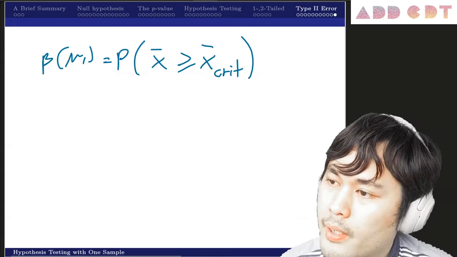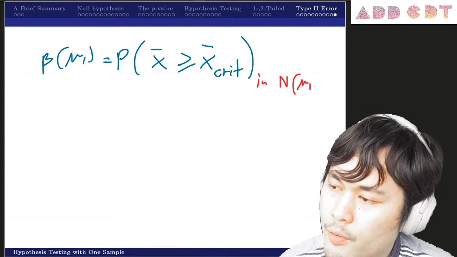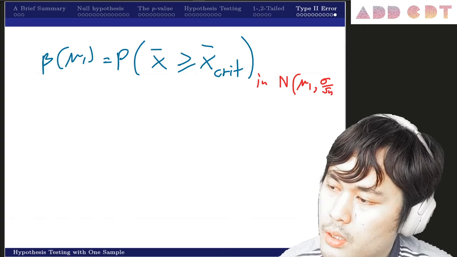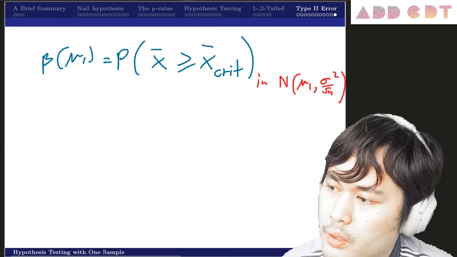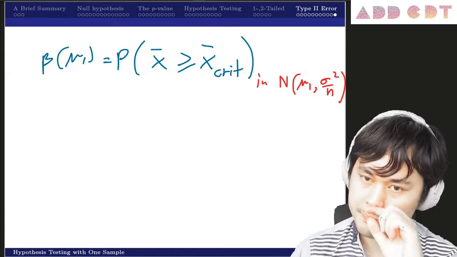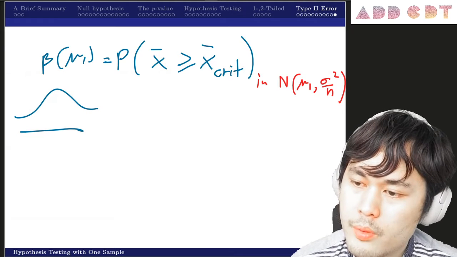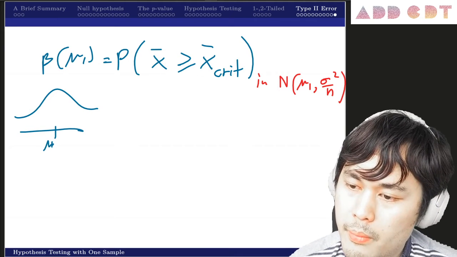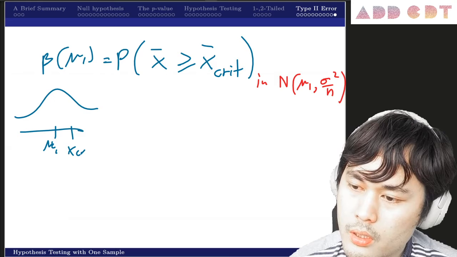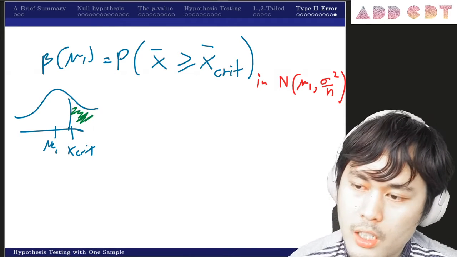And then we have to apply that in the different distribution now. In this distribution instead, we have mu1, we have x crit. We are trying to find the area to the right of this one.